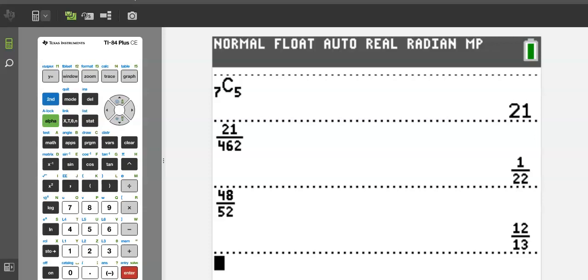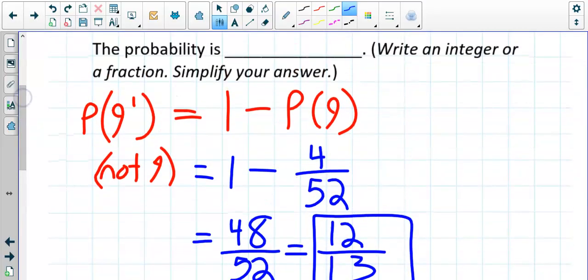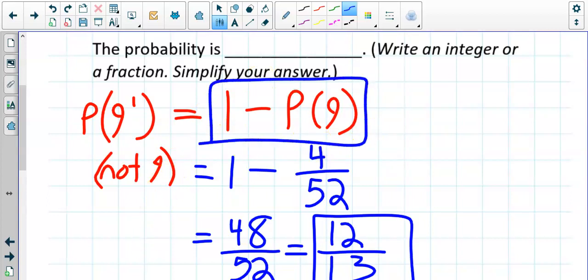Okay, so that's one way of doing it, and that's just running your complement formula. That's what was right here. The other way is, you could think about this logically. You can go straight to the probability. Because if you do not want a 9, how many cards are not a 9 in a deck of cards?